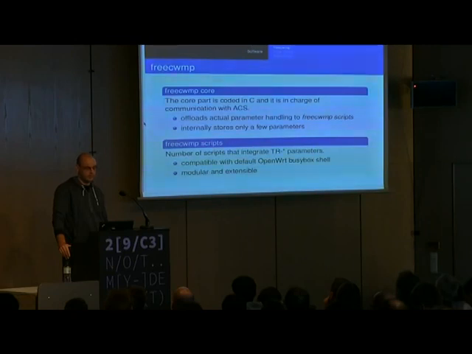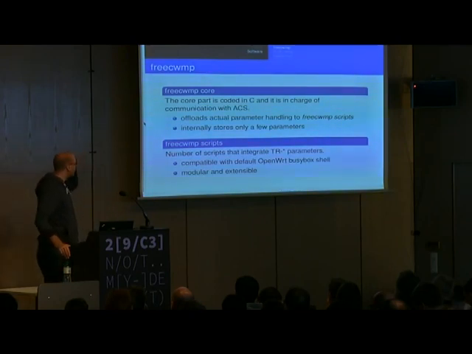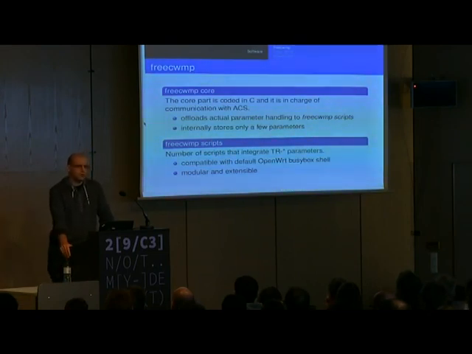Freecwmp is divided in two parts. Okay, so you have freecwmp core, which is coded in C. It's in charge of all the communication with the ACS server, and it offloads all the parameter related stuff to the scripts, because if you want to provision, for example, Asterisk or some other SIP client, you will need to do it differently, because the configuration for this software is not the same.